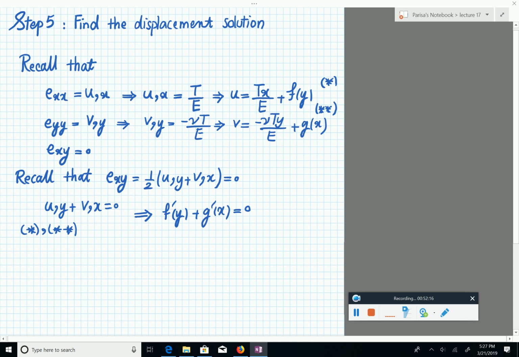And f prime and g prime here are the derivative of f with respect to y, and g with respect to x. If we have a function of y whose derivative is equal to the negative of the derivative of g of x, a function of x only, what is the only possible way for this to work?